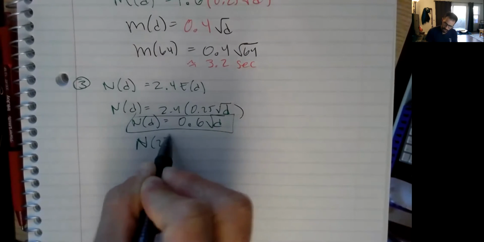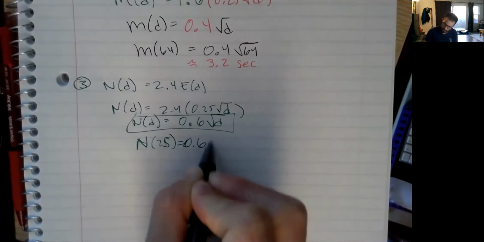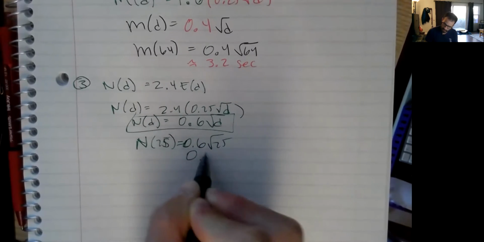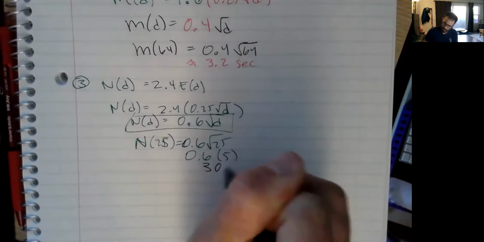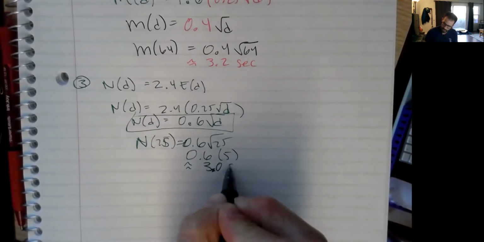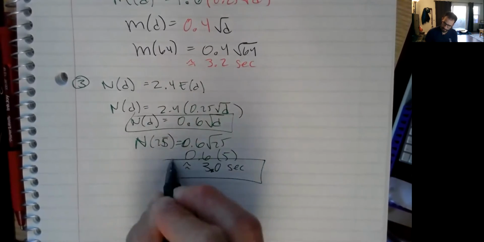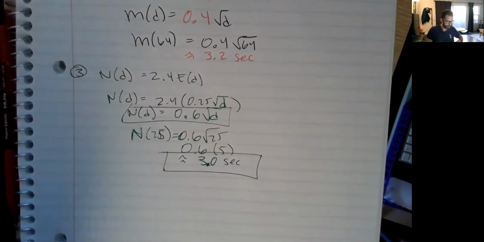N of 25 is equal to 0.6 rad 25. 0.6 times 5, 6 times 5 is 30, and we have 1 decimal point, so it's about 3 seconds. Or you can use a calculator. Okay, cool.